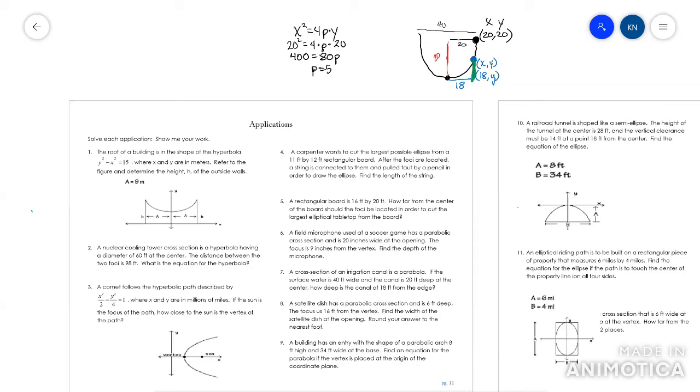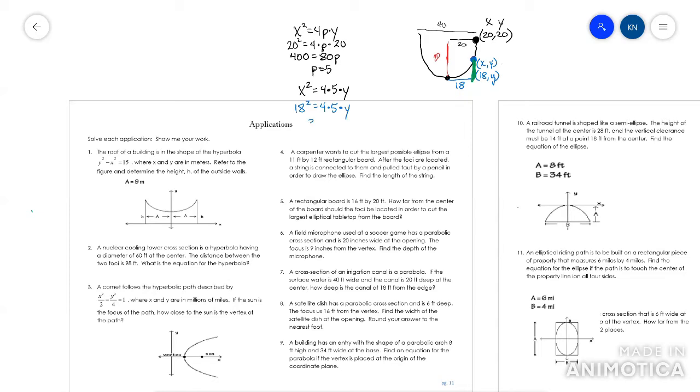Now, this is a very big piece of information because now I know my overall equation is x squared equals 4 times 5 times y. And so I can find any xy combo now. Well, now I would go back to the blue here and plug in 18 for x and solve for y.